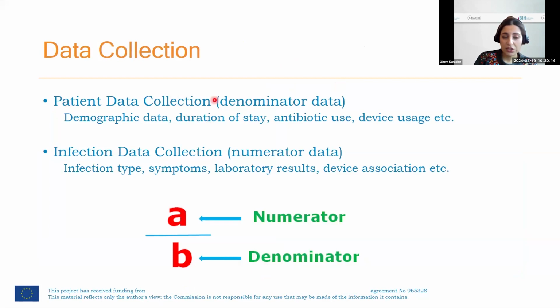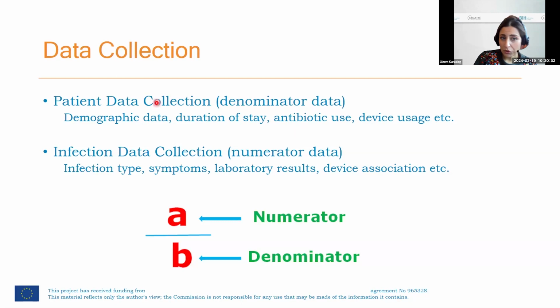In the first line, you see the patient data collection. That is our denominator data. This is basically the data that we collect from each patient that is eligible for the NeoIPC surveillance system.